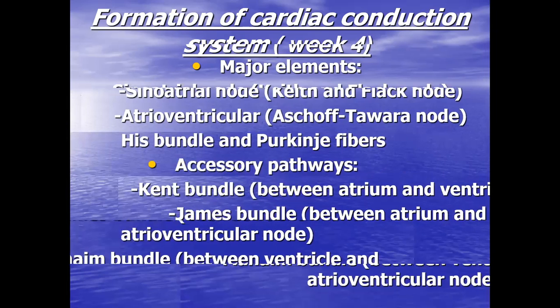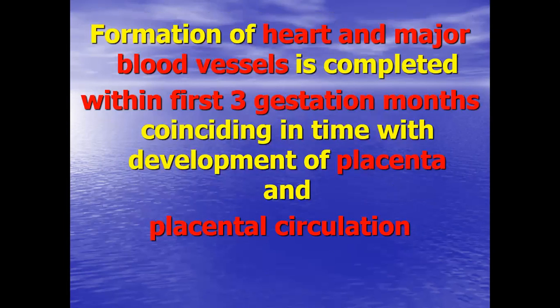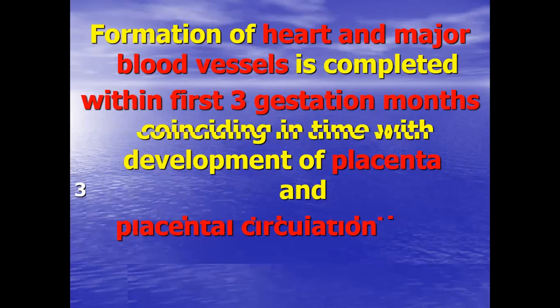So the formation of the heart and major blood vessel is completed within the first 3 gestation months, coinciding in time with development of the placenta and placenta circulation.